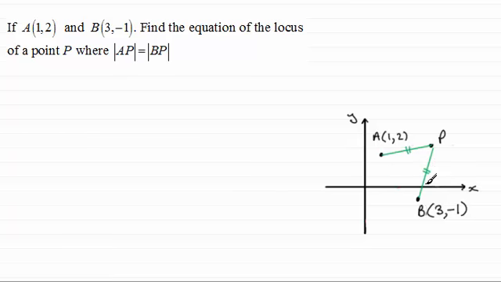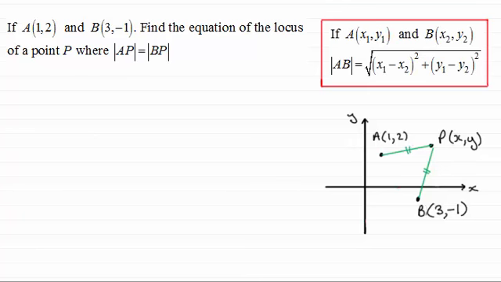But that's the idea. Now, if I take that point P and just say it has general coordinates x, y, we're looking to find the equation of the point P that satisfies this condition. And when we're concerned with lengths, which you're generally going to find you are, we turn to this formula here.